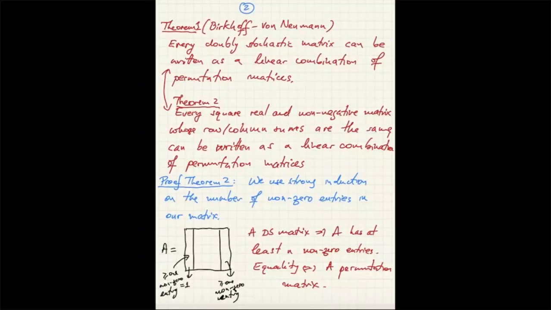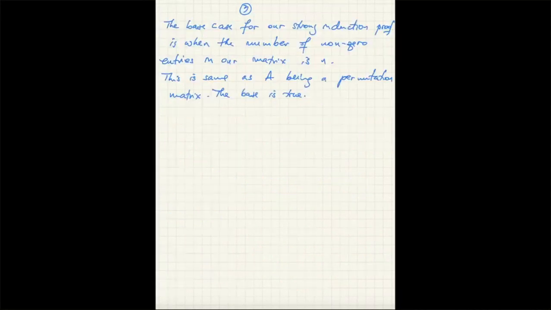Okay. I guess I didn't write it here, but it should be obvious what it means that a matrix A is a linear combination of permutation matrices. You can write A as something like c_1 times permutation matrix P_1, and so on, plus c_t times the permutation matrix P_t, for some t greater or equal to 1 and some real numbers c_1 through c_t. Okay.